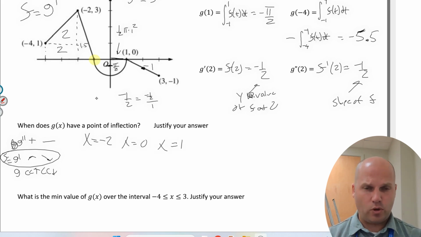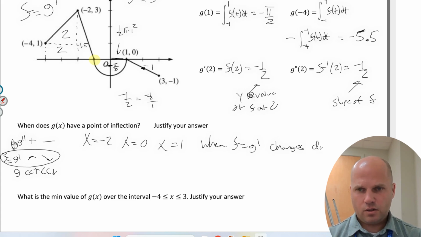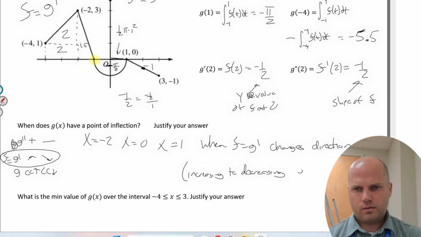Do I care that they're sharp points? No, I don't, because that is when my justification, that's when f, which equals g prime, changes direction. I'm not sure if they'll accept that. Increasing to decreasing, or vice versa.